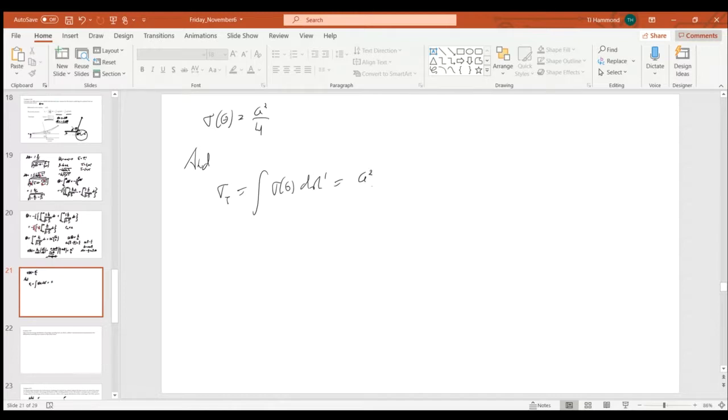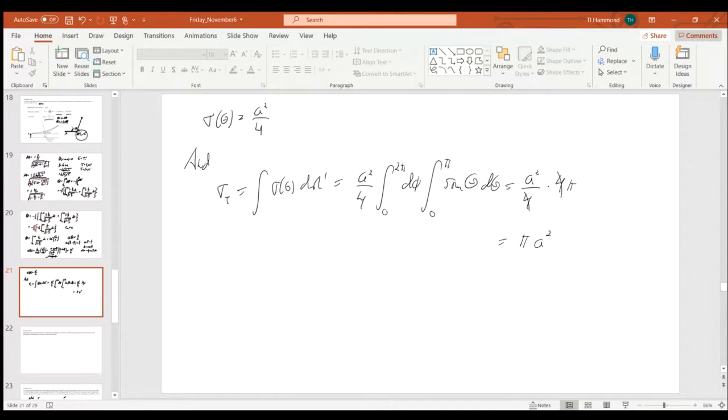And so this is a squared divided by 4 times the integral from 0 to 2 pi of d phi, and from 0 to pi of sine theta d theta. And that, of course, gets us a squared divided by 4 times 4 pi. So the 4's cancel, and we get pi a squared.